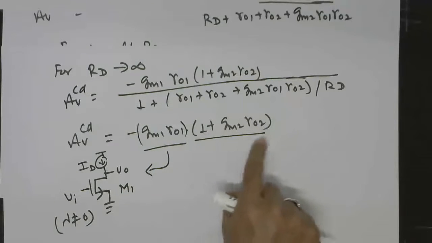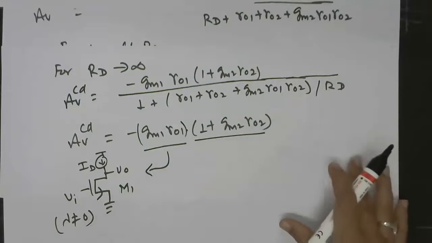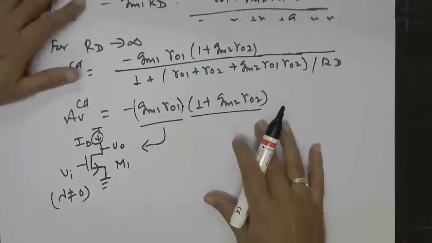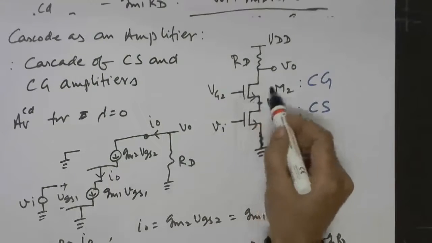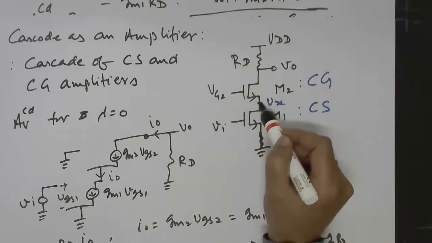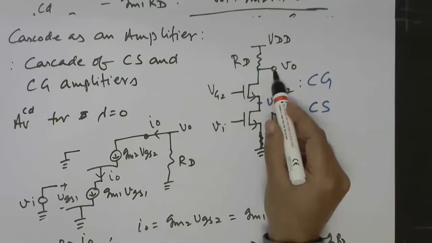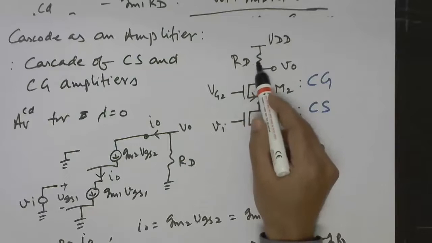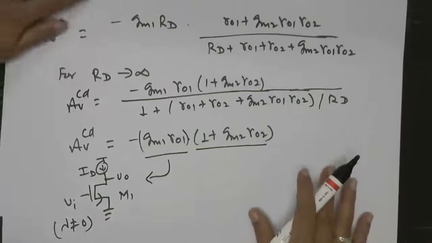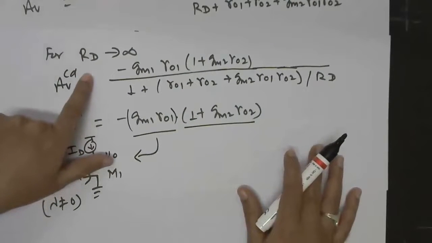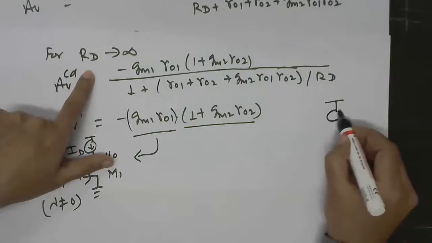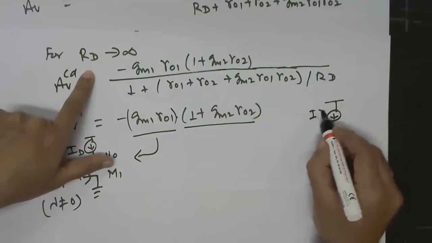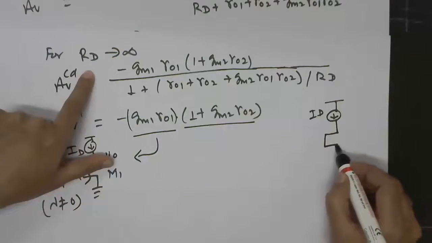Now what about this one? 1 plus gm2 ro2. To interpret this, we can take up the second MOS separately and provide an input here, and then try to see what output we get here, provided RD is infinite. That means RD itself is a current source. So let me be more particular about this configuration. This says that we are basically trying to find out the voltage gain of this circuit.